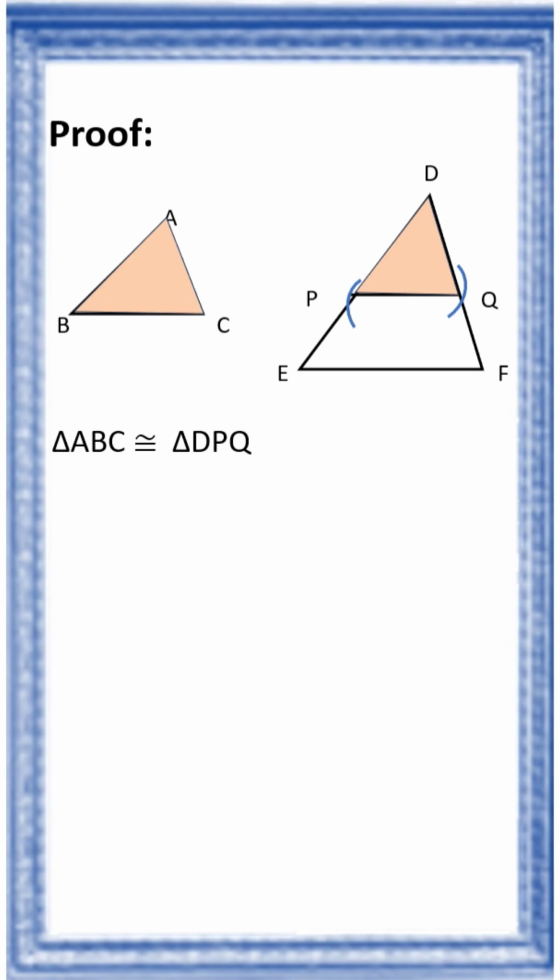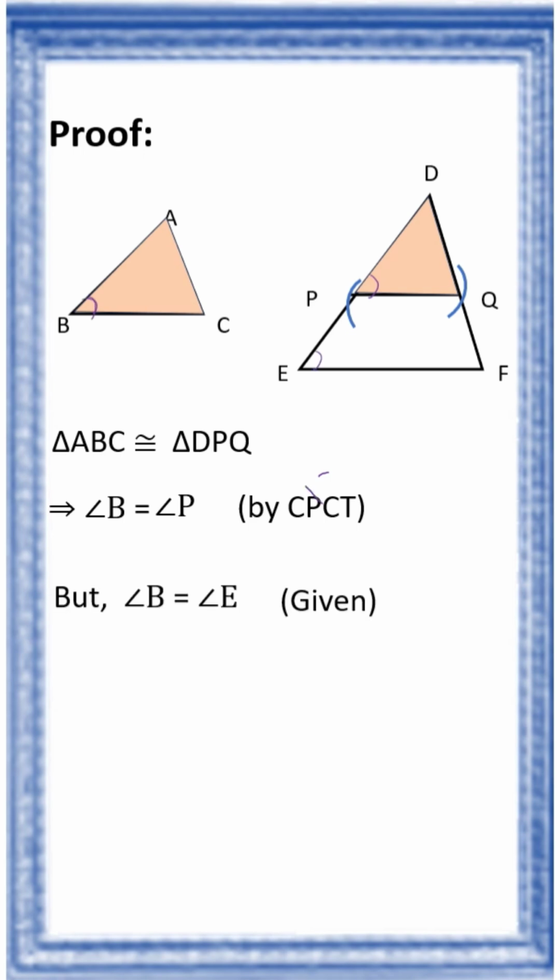So here angle B is equal to angle P, by corresponding parts of congruent triangles. What is CPCT? Expansion: corresponding parts of congruent triangles. But we are given that angle B is equal to angle E, isn't it? It is given. Here observe LHS are equal, so RHS should be equal. So angle P is equal to angle E. Observe the figure. Angle P is equal to angle E.